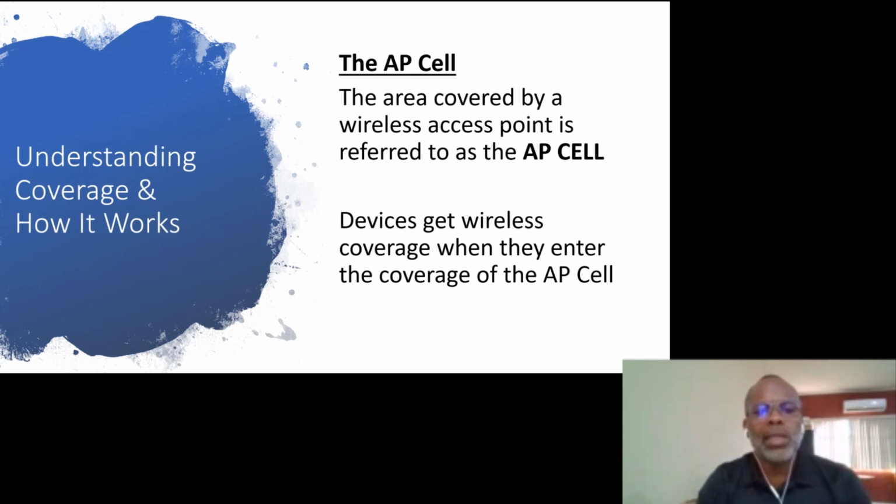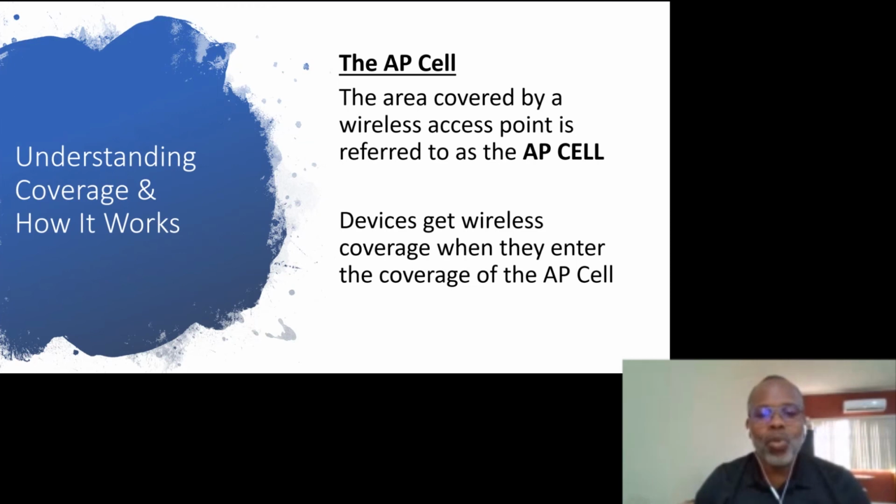All right, so let's get a little technical, guys. Understanding coverage and how it works. What is wireless coverage? Let's talk about what an AP or access point cell is. Put very simply, an access point or AP cell is the area that the wireless access point covers. The space within which you get wireless coverage is referred to as an access point or AP cell.